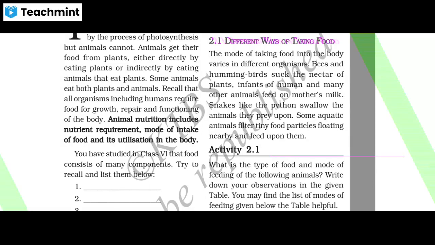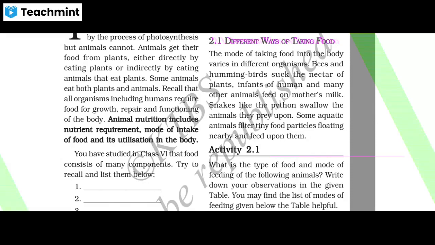All animals do not get the same type of nutrition for their survival, and all animals do not follow the same mode of intake of food. Different animals have a different mode of intake. Already we discussed the different animals, a few we have considered here, right?